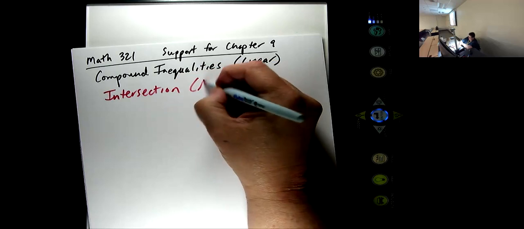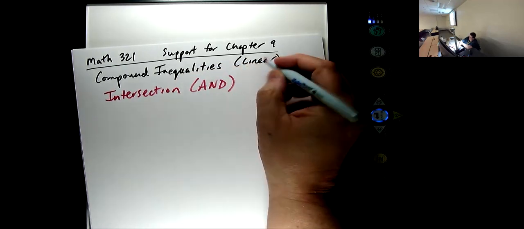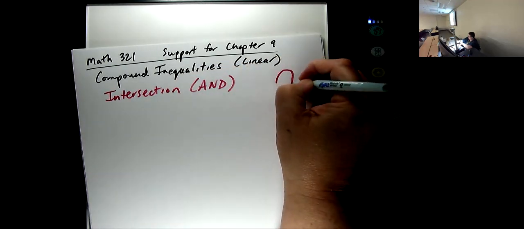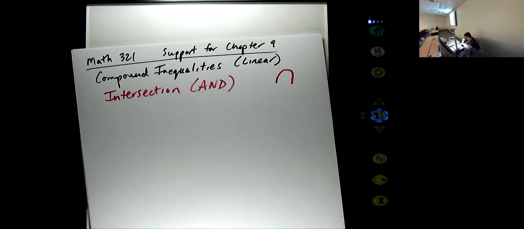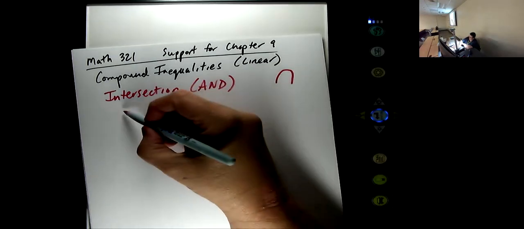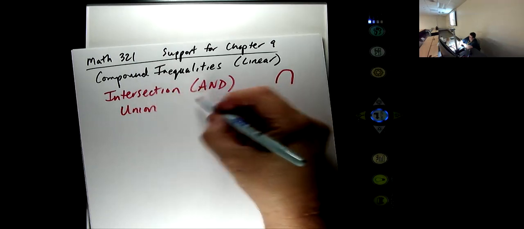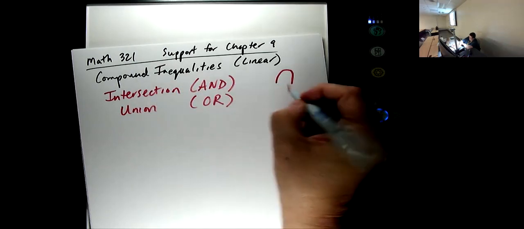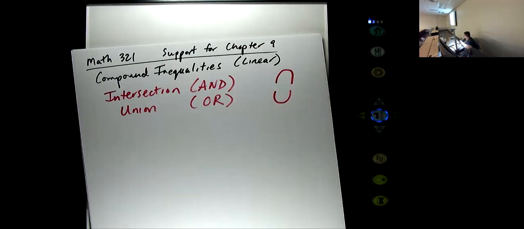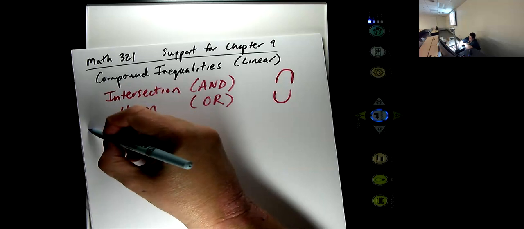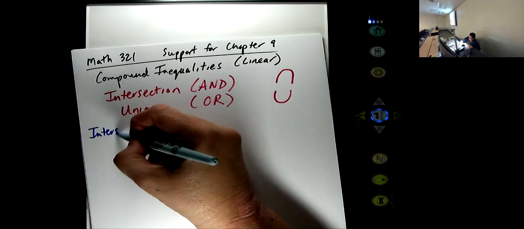Intersection goes with the word and, and they use this symbol. Union is or, and they use this symbol. We'll start with intersection, the and.